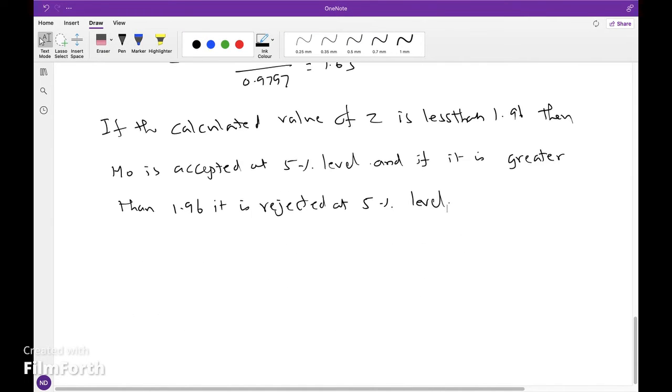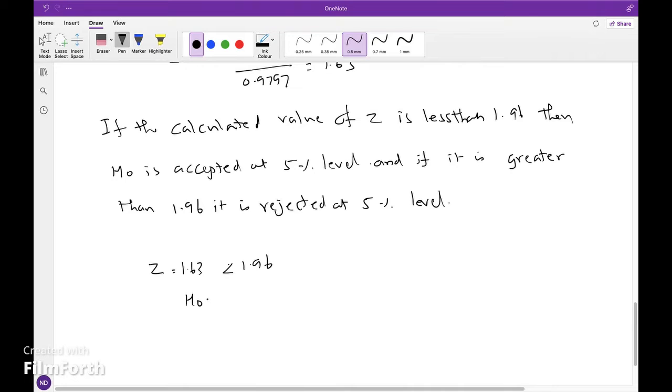According to our problem, z value is equal to 1.63, which is less than 1.96.